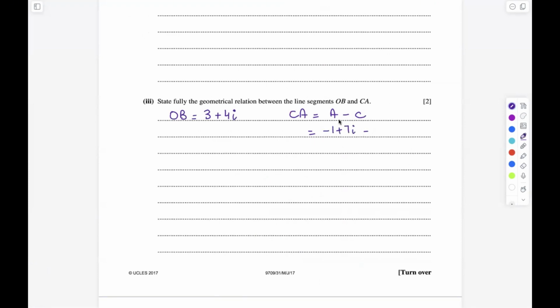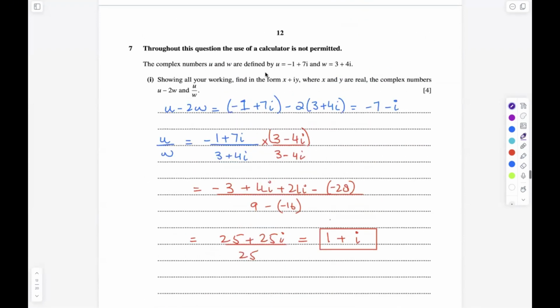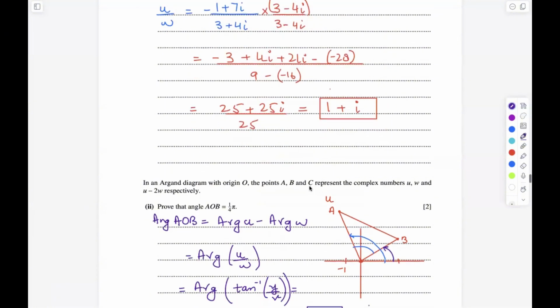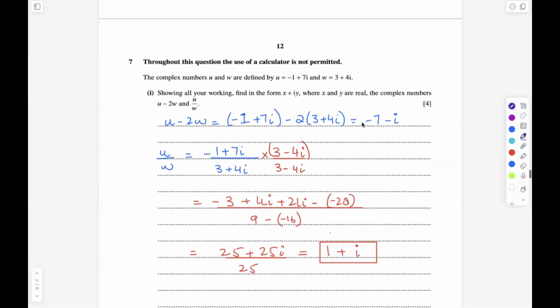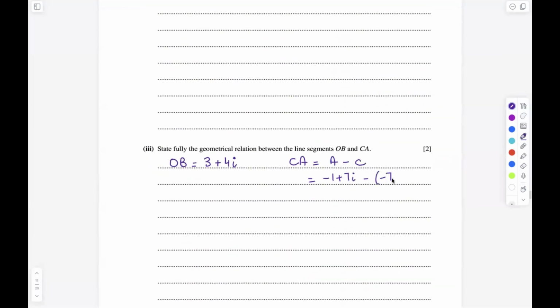And C is represented by u - 2w, which is -7 - i. So we'll write -7 - i over here. Simplifying this, we'll get -1 + 7i + 7 + i. Simplifying this, we'll get -1 + 7, which is 6, and 7i + i is 8i.